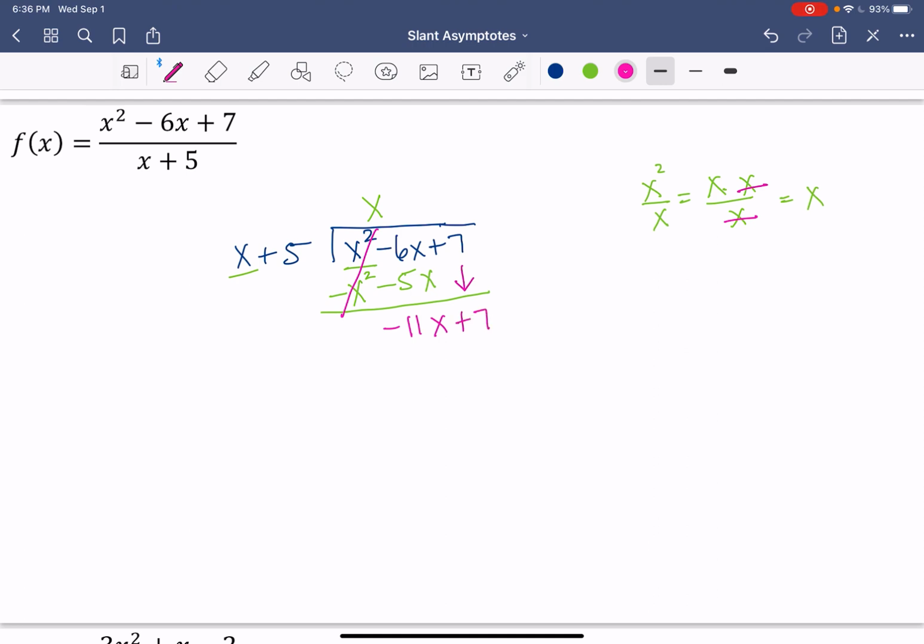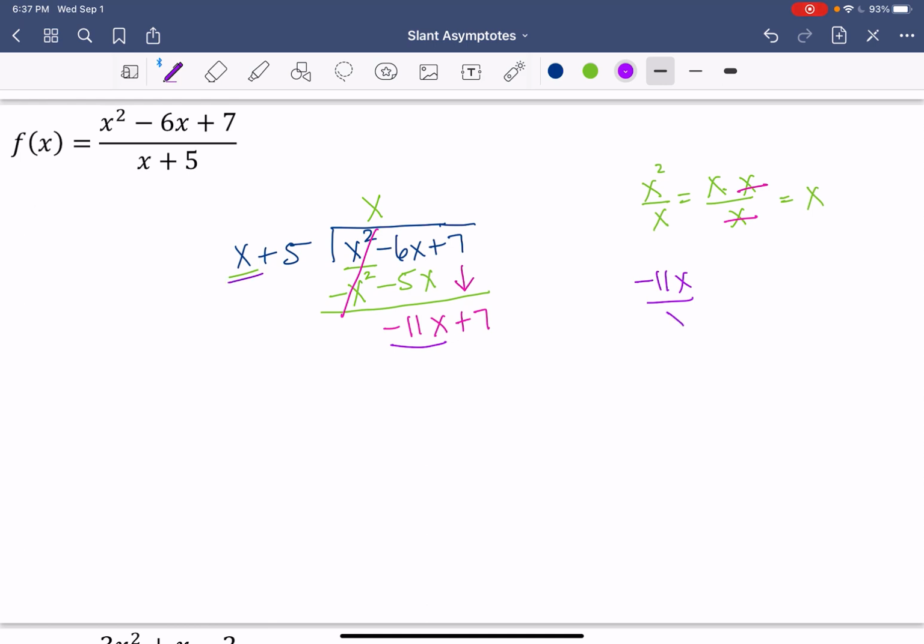And you basically start all over again. So you're going to divide the highest degree. So remember, this has a degree of 1 and this one has a degree of 0. So this one is higher, and then this one is higher on the outside. So you're going to do negative 11x. So I'm going to do this one divided by this one.